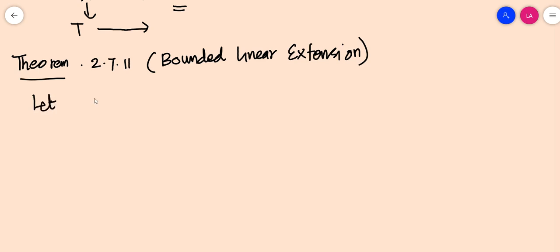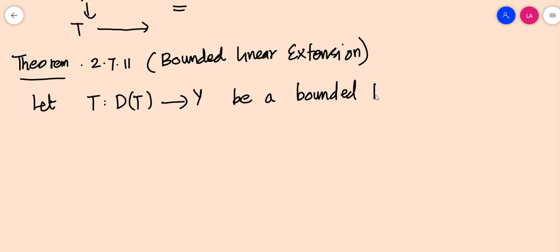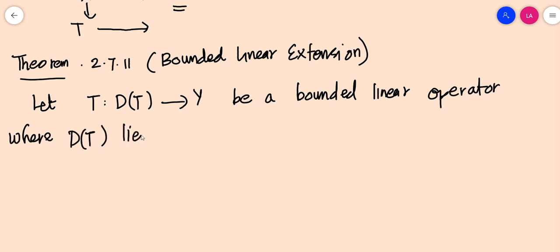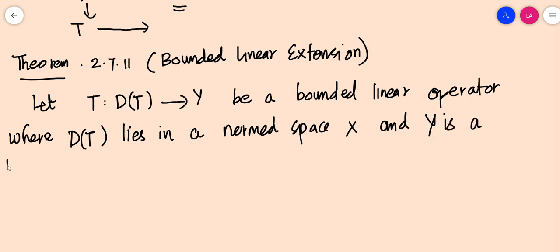So let T from D(T) to Y be a bounded linear operator, where D(T) lies in a normed space X and Y is a Banach space.